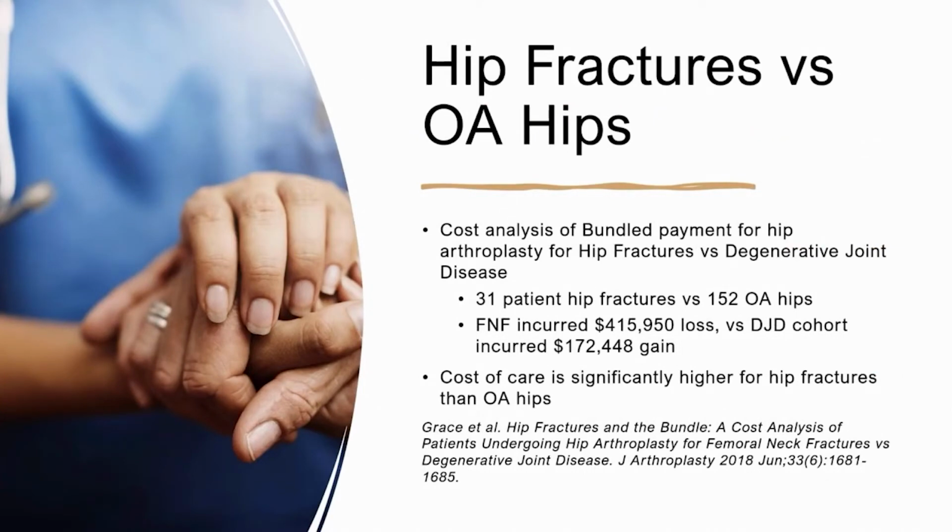In a cost analysis of bundled payment for hip arthroplasty for hip fractures compared with degenerative joint disease, it was found that the femoral neck fractures incurred a greater amount of healthcare costing than projected, whereas the degenerative joint disease cohort actually cost less than projected. So the cost of care is significantly higher for hip fracture treatment as compared to osteoarthritis of the hips.